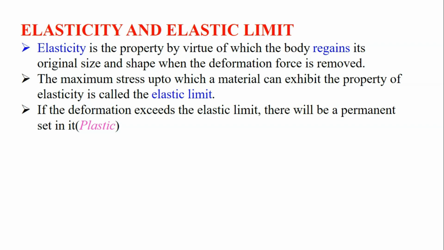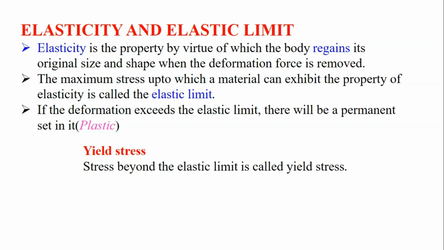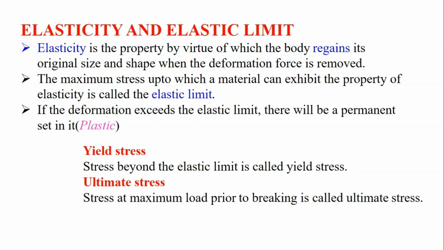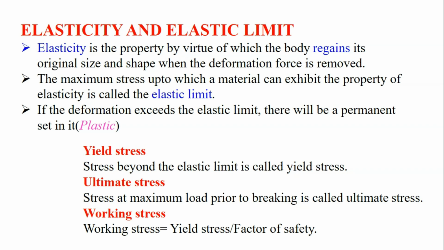So here this yield stress, we have already seen, is the stress beyond the elastic limit. Ultimate stress is the stress at which the material starts to break. Working stress is defined as the ratio between that yield stress and a factor of safety. This factor of safety differs for different materials.